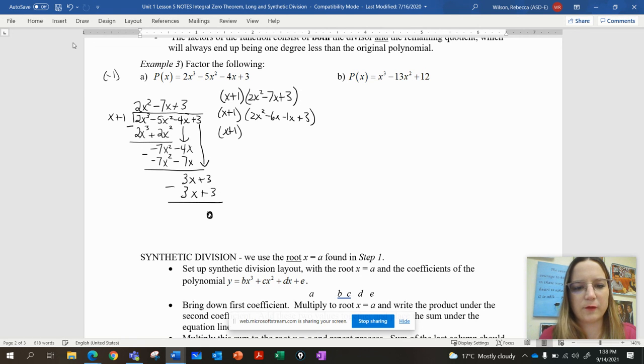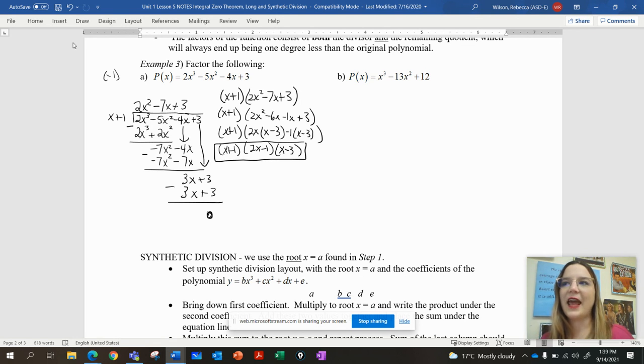Common factor. Yay. Now, my friends, we have 3 factors for something that we didn't know how to factor to start.